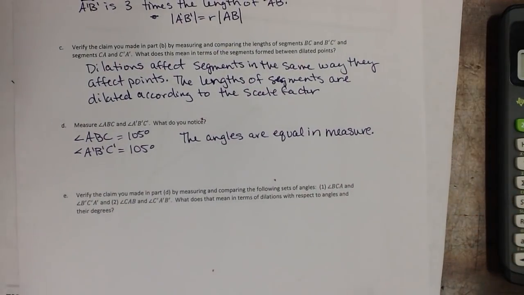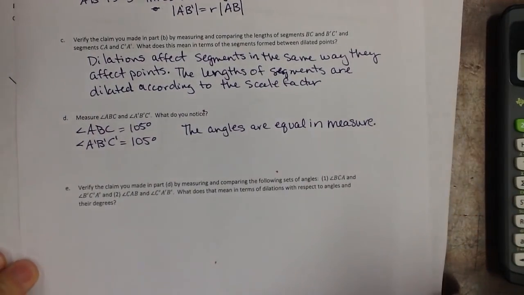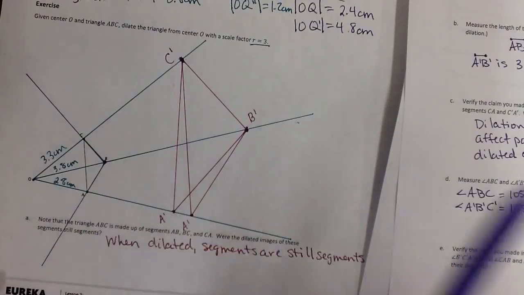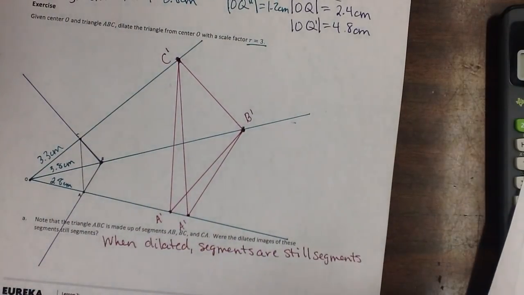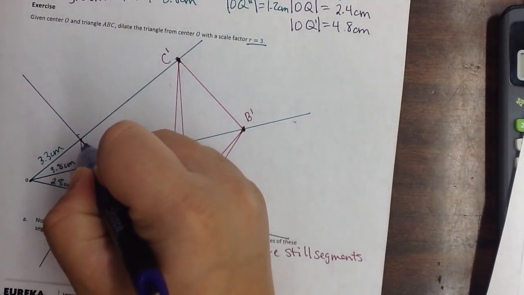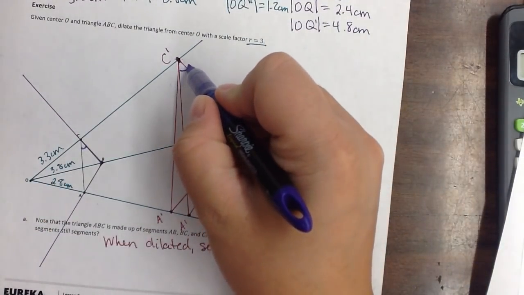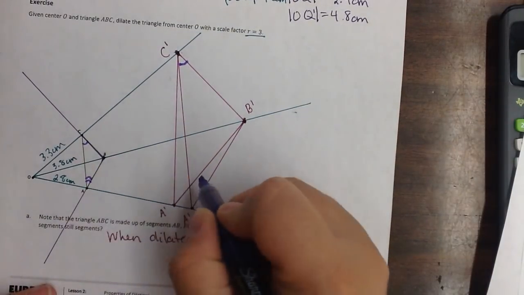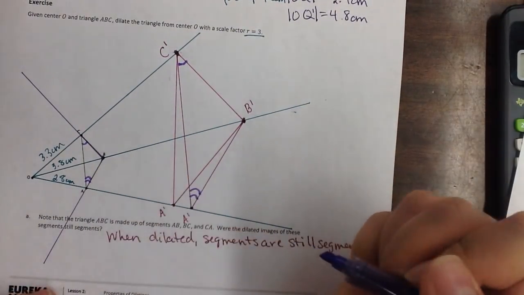Okay, so if we do the same for the other angles, if we look at this angle up here, I see that it's the same angle measure as this one. And if I look at the angle down here, it's the same as this one.